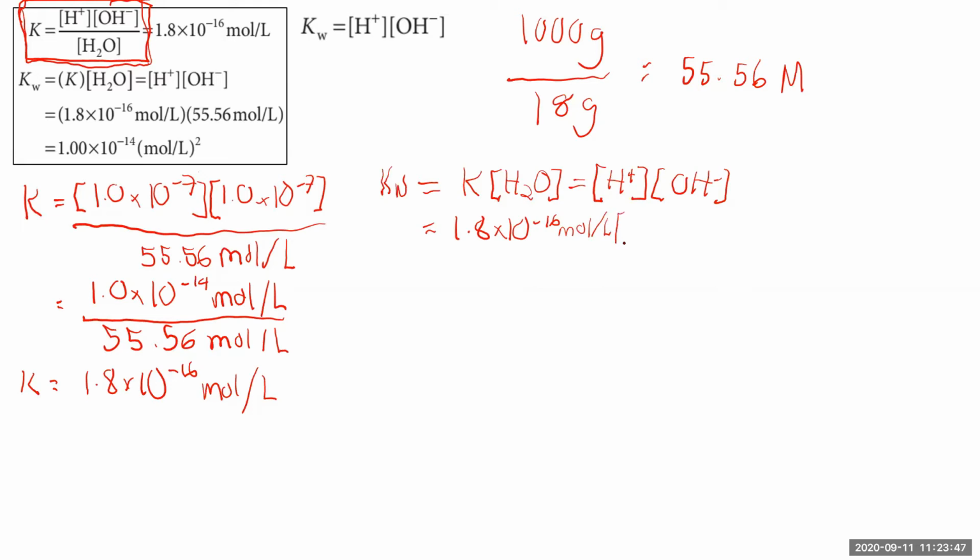And this is multiplied by the concentration of water, which is 55.56 molars per liter. So the result for that would be 1.0 times 10 raised to the power of negative 14 moles per liter. So that's the value of the solution here, right?